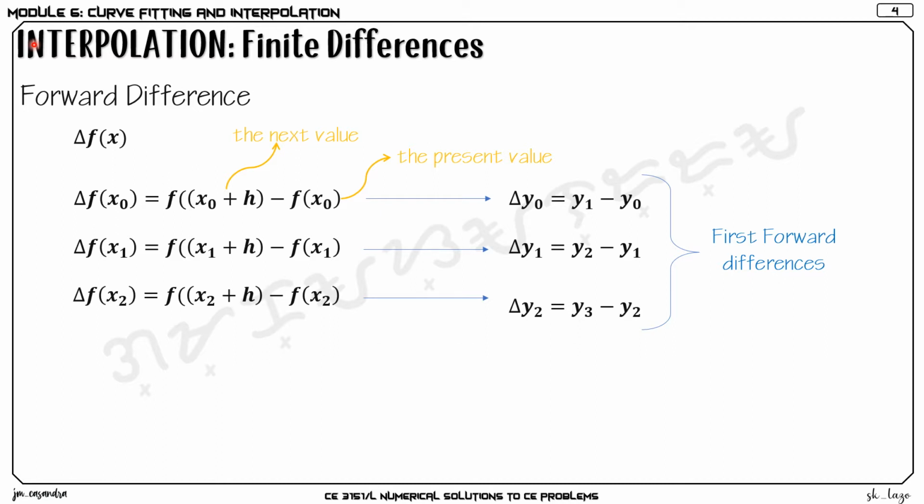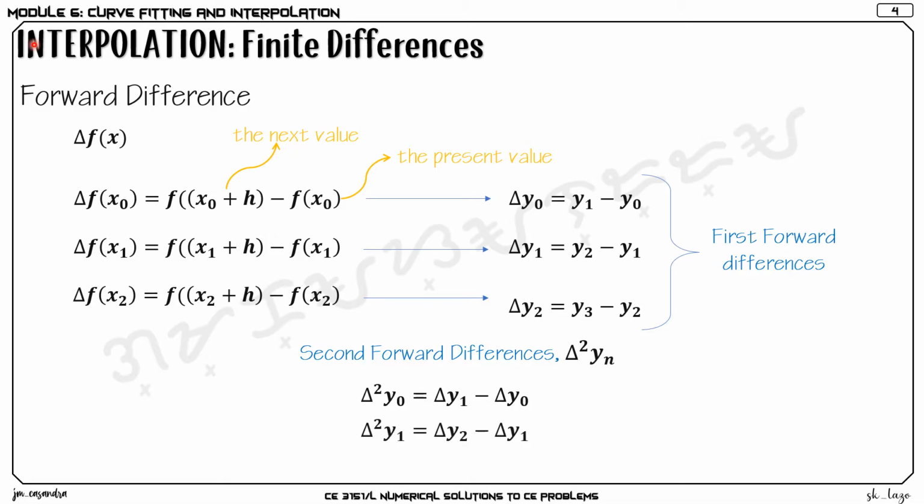And we have what we call the second forward differences, which is now taken as the second difference of y sub 0 is equal to delta y1 minus delta y0, and the second difference of y1 is equal to delta y2 minus delta y1, and delta 2, or second difference of y sub 2 is equal to delta y3 minus delta y2.